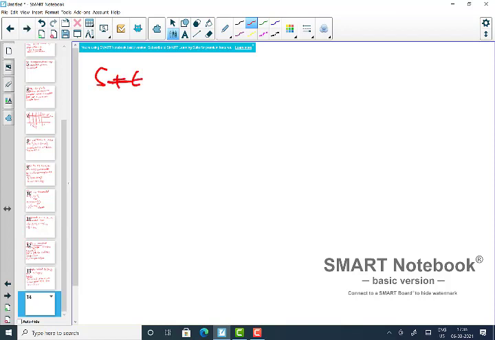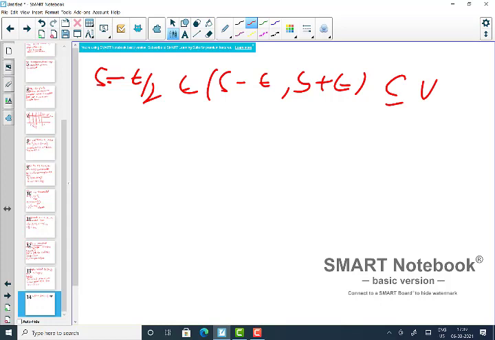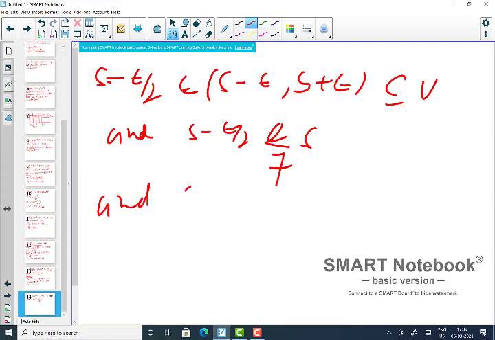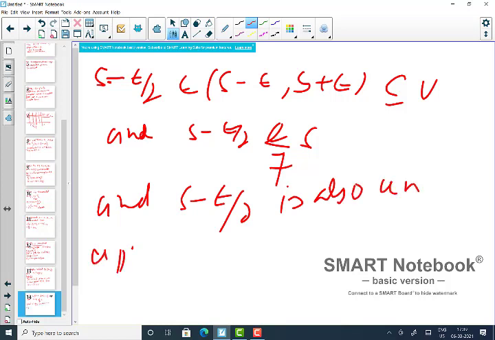S minus epsilon by 2, this is an element of that interval, obviously, and this interval is inside V, so this is inside V. And S minus epsilon by 2 is obviously less than S, and it is also an upper bound of U, right?